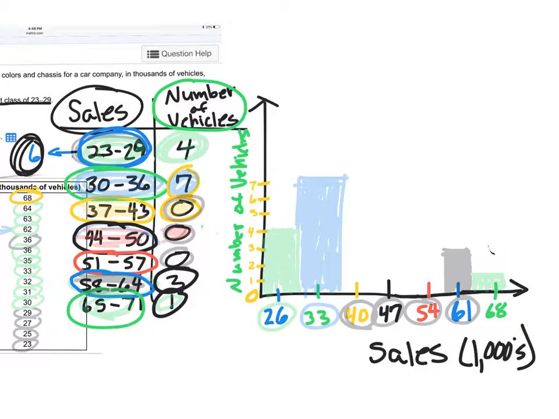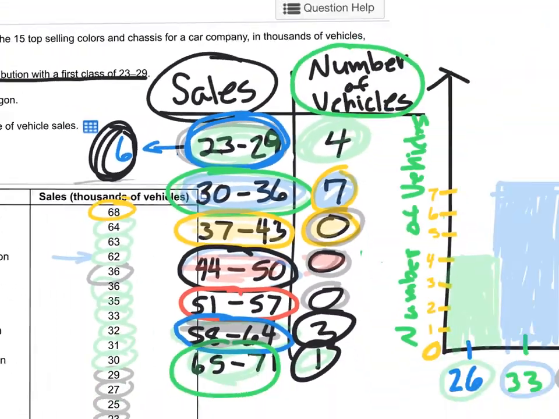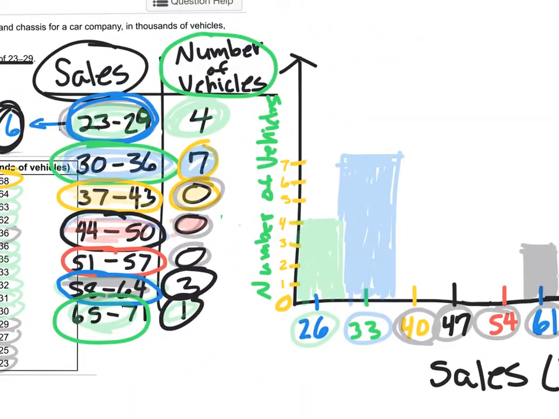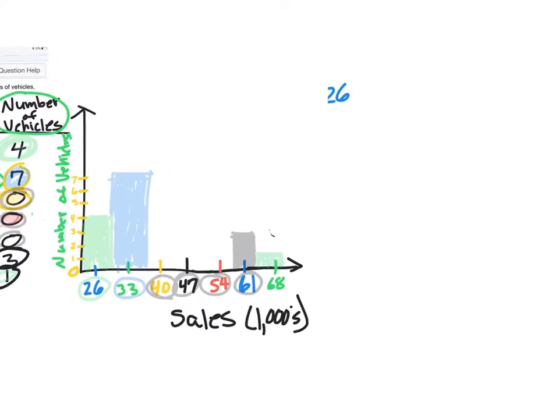The very last part of the question is asking us to construct a frequency polygon. And a frequency polygon is a line graph, and it has scales that are the same as those in the histogram. So I'm really going to use, I'm going to scoot this over here.